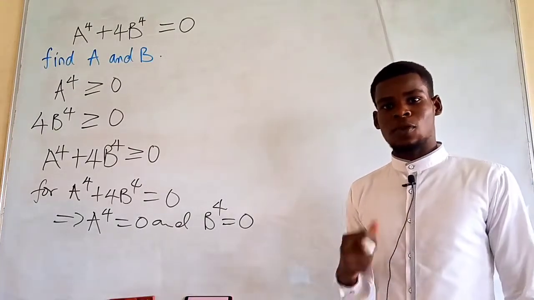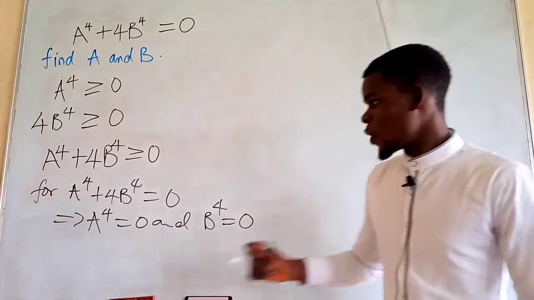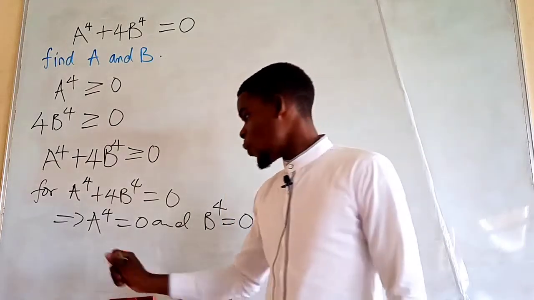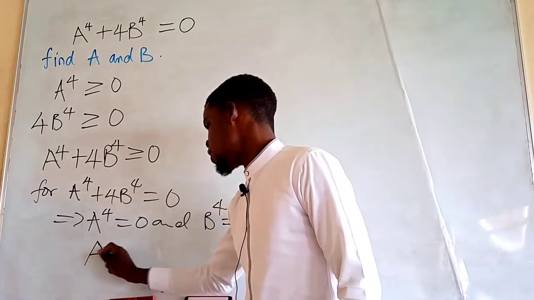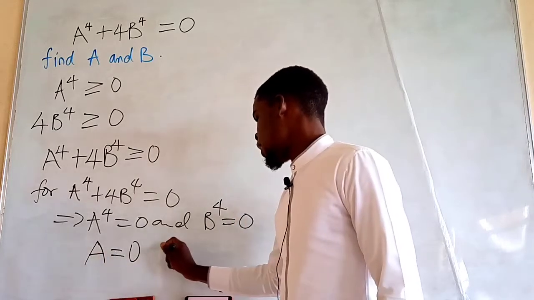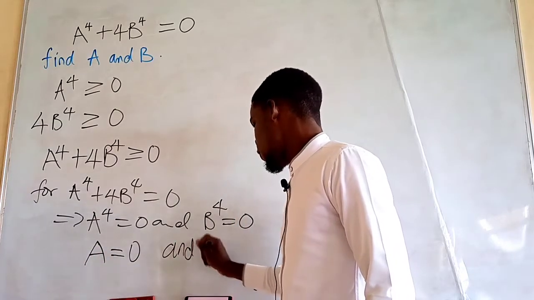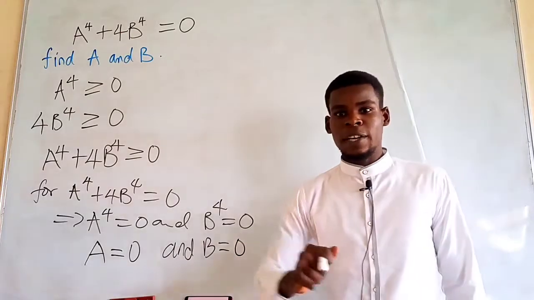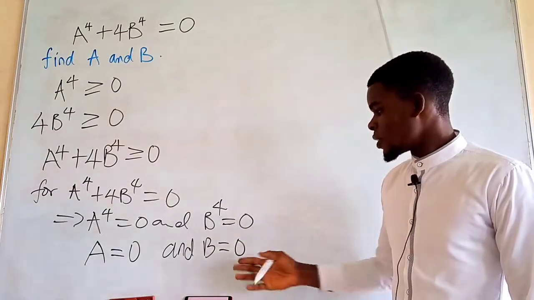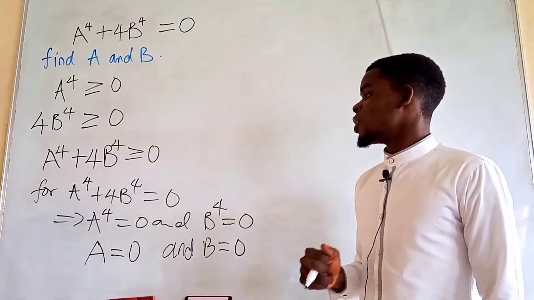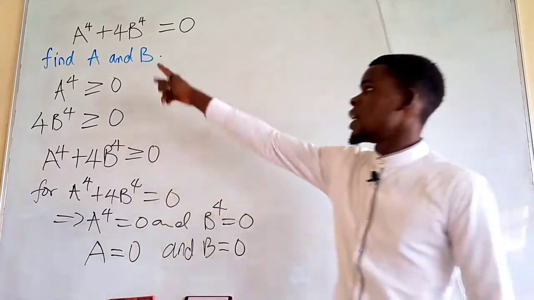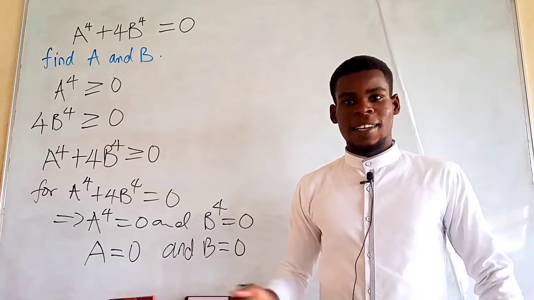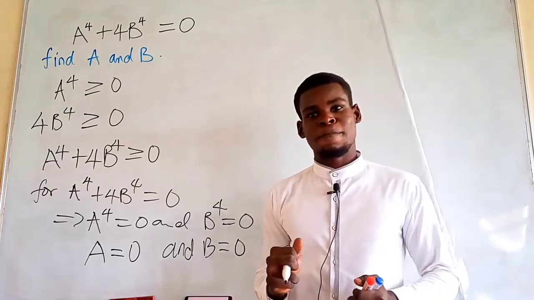It means that the two numbers are going to be 0. So if a raised to the power 4 is 0, it means that a is going to be 0, and b is going to be 0. So with these values, we can put this back into the original equation, and we're going to see that a and b are going to be 0. And that should end the video.